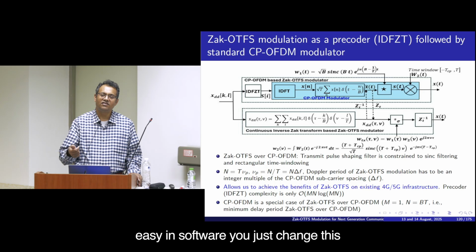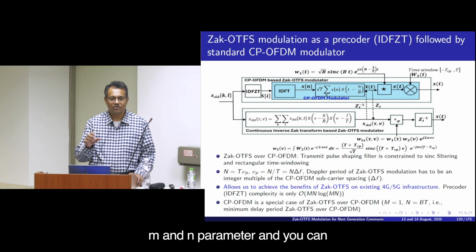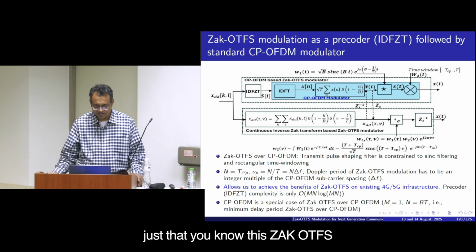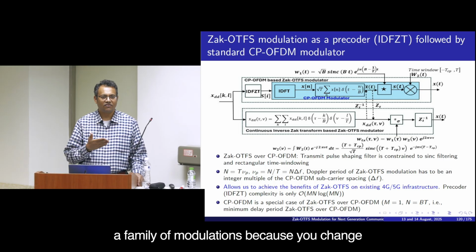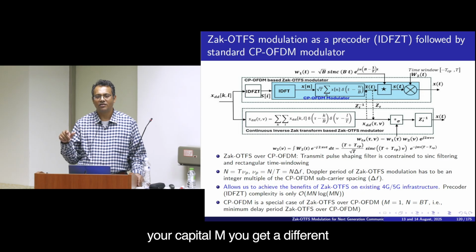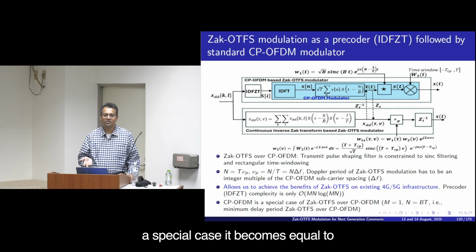So it is very easy in software, you just change this M and N parameter and you can change where you are. Okay. And not just that, this Zak-OTFS is not just one modulation, it is a family of modulations, because when you change your capital M, you get a different Zak-OTFS. M equal to 1 is a special case, it becomes equal to CP-OFDM itself.